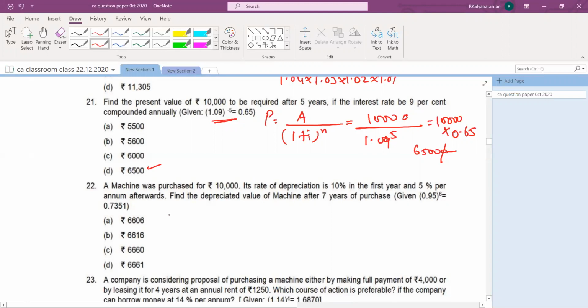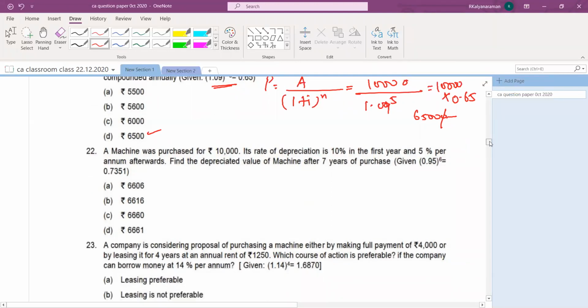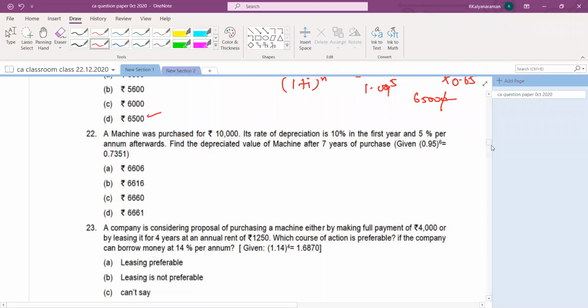A machine was purchased for rupees 10,000. Its rate of depreciation is 10% in the first year and 5% per annum afterwards. That is, for the first year it is 10,000 into 1 minus 0.1, so that is 0.9, into, for the subsequent years, 1 minus 0.05, so it is 0.95 power 6.